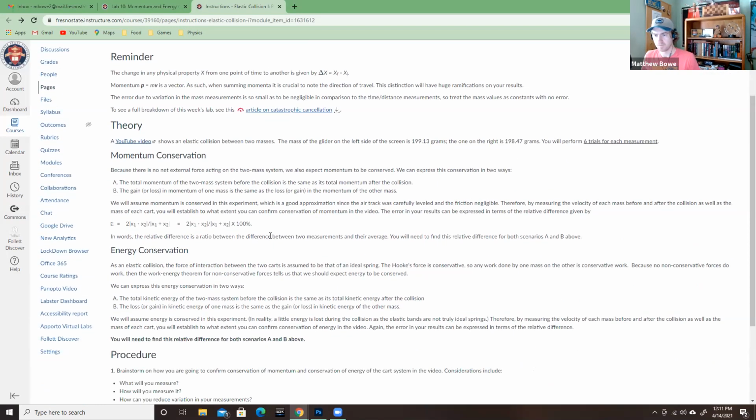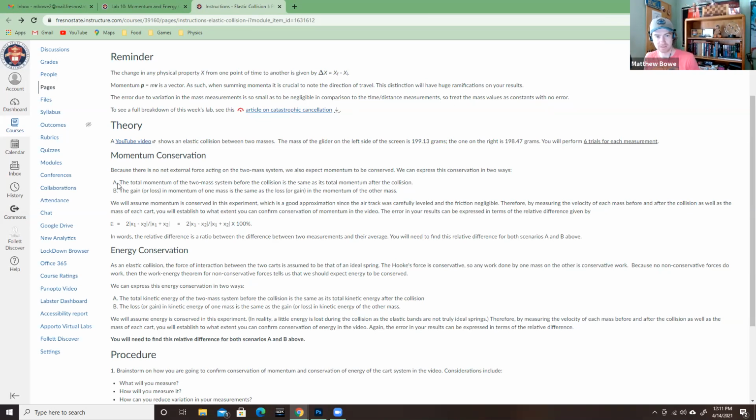Okay, so what is specifically the problem? Why are we doing this? There are 2 ways to find the before and after momentum, or 2 ways to analyze the problem.